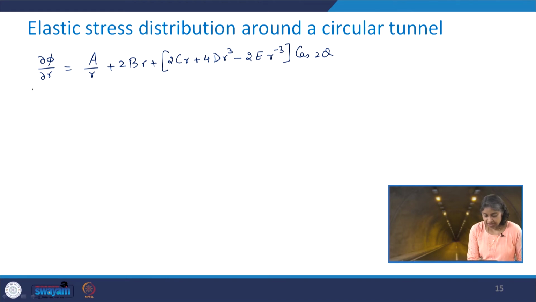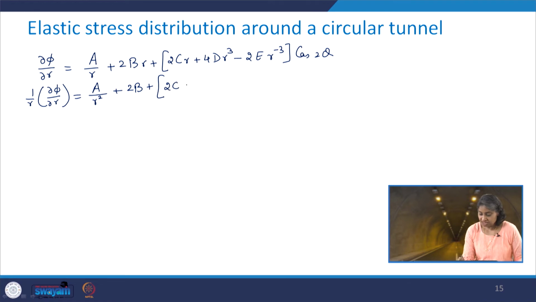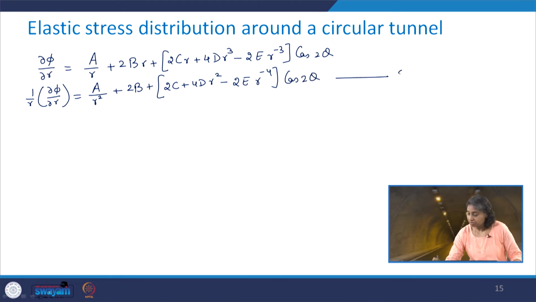Or you can write 1 upon r del phi del r as a upon r square plus 2b plus 2c plus 4d r square minus 2e r to the power minus 4 cos of 2 theta. Make it equation number 8a.